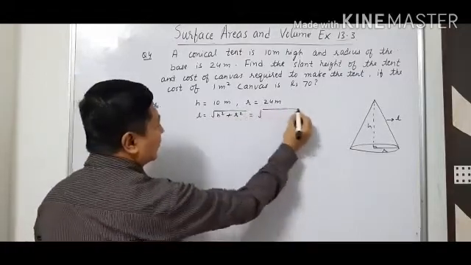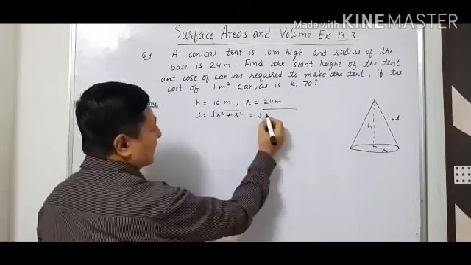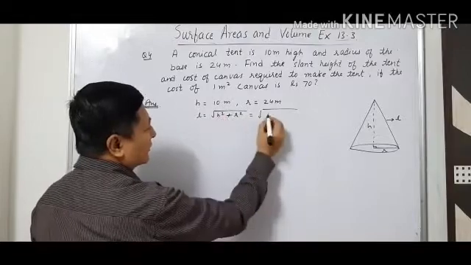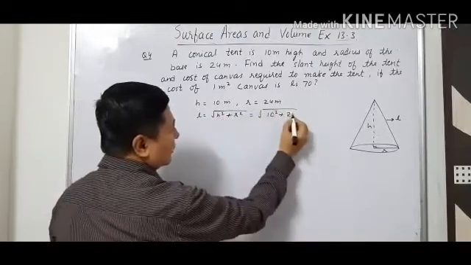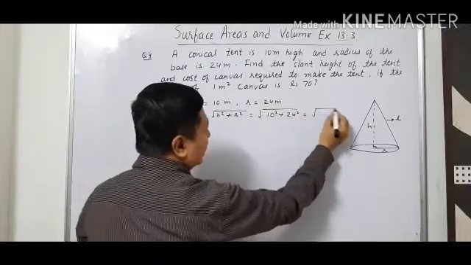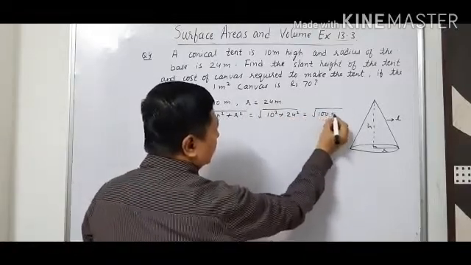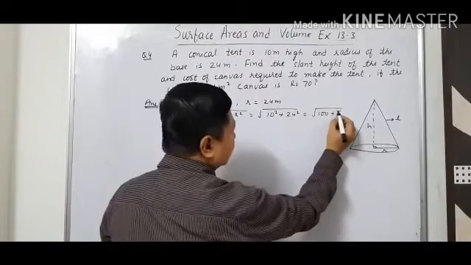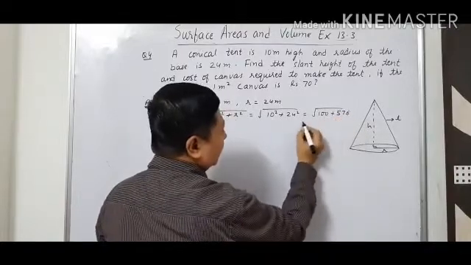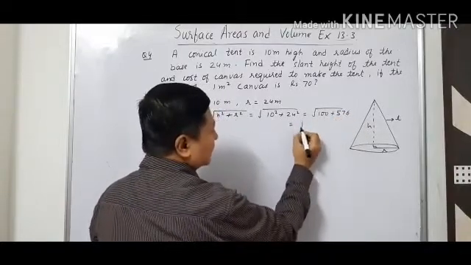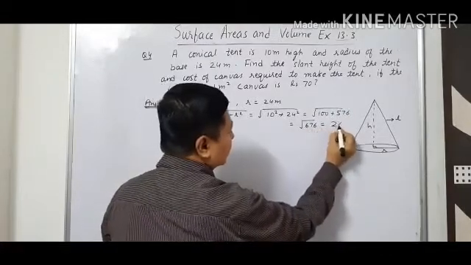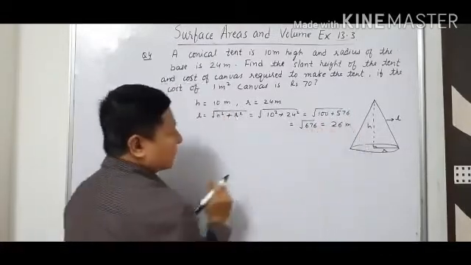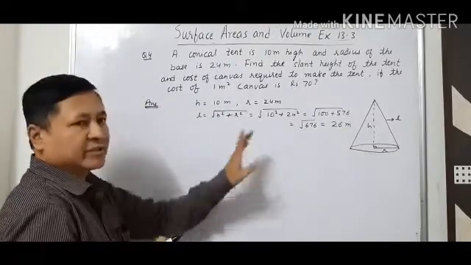So L equals under root of 10 square plus 24 square. 10 square is 100, 24 square is 576. Now when we add this, we'll get 676, that will be equals to 26 meter. So the slant height is 26 meter.